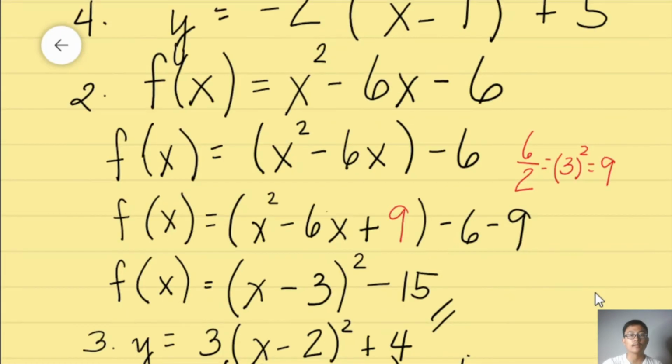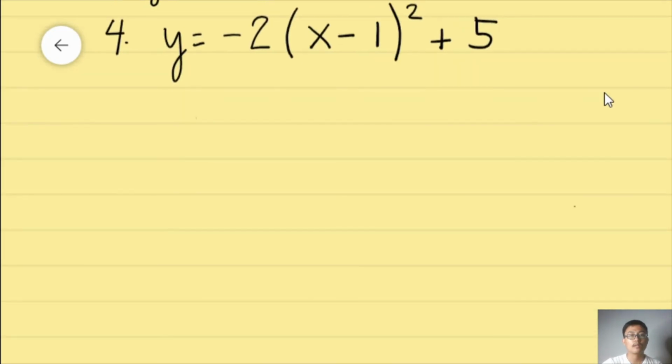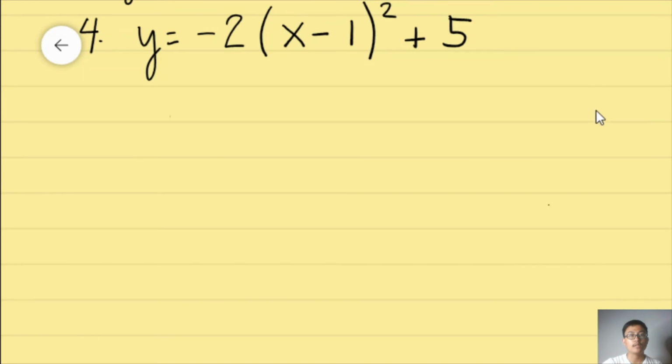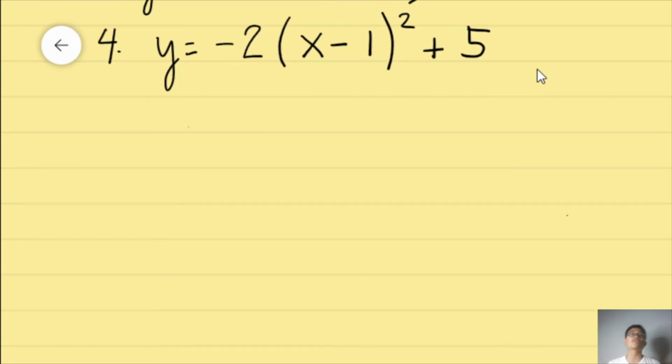Yan. Siya. Okay, so pag tinignan natin yung number 4, ganun din, ano? Naka-vertex form din siya.